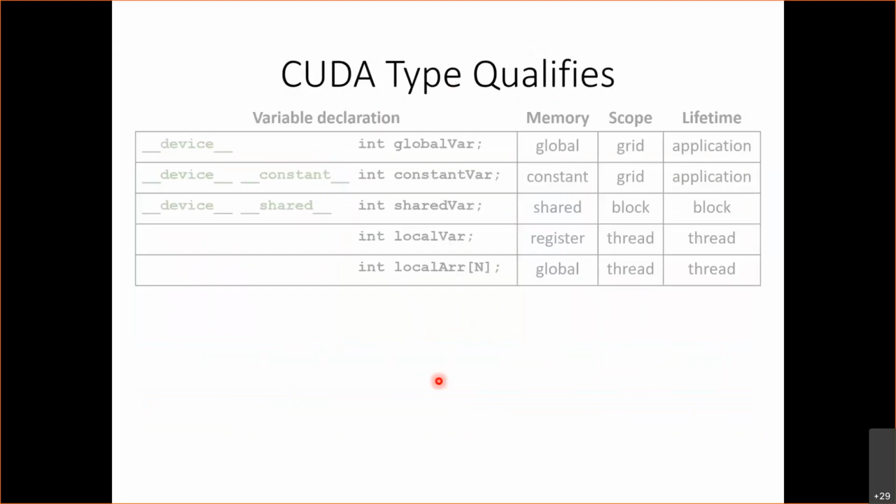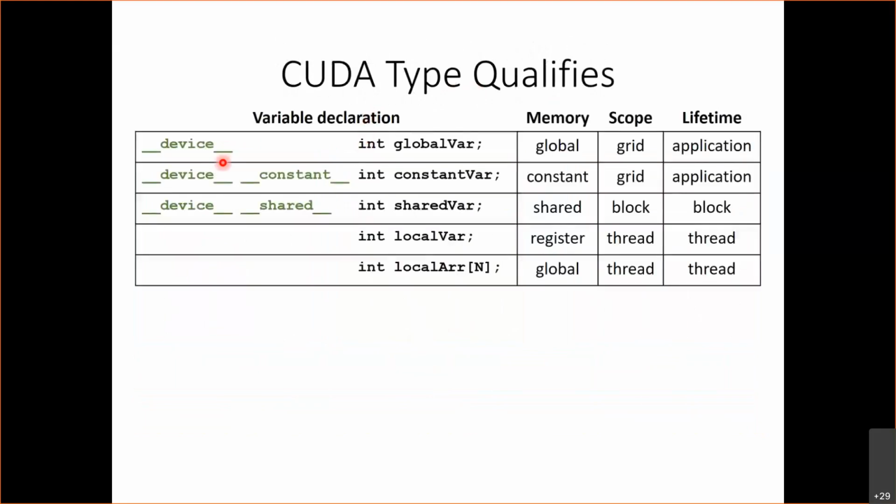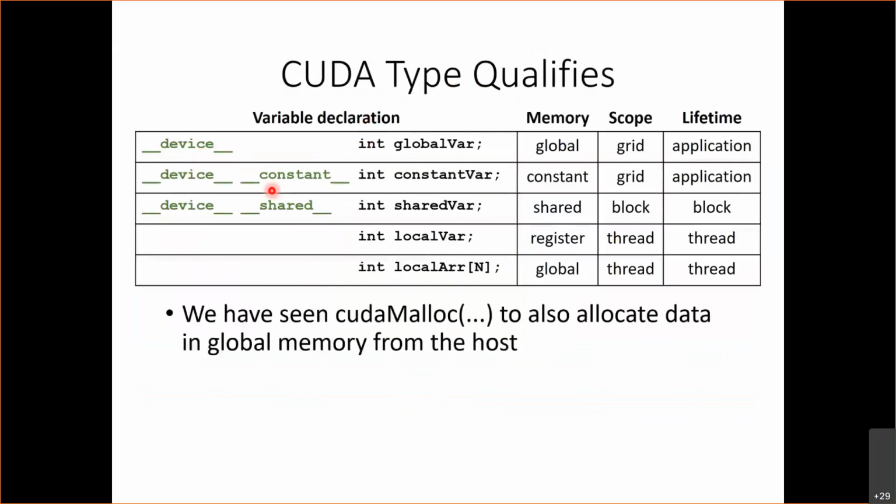So CUDA gives us these various qualifiers to help the programmer specify where they want particular data to reside. Okay, so we've already seen that cudaMalloc allocates in global memory from the host. We actually have another way to allocate global memory statically. cudaMalloc allocates global memory dynamically, but we can actually just declare a variable and precede it with this keyword __device__, and this global variable will go in global memory.